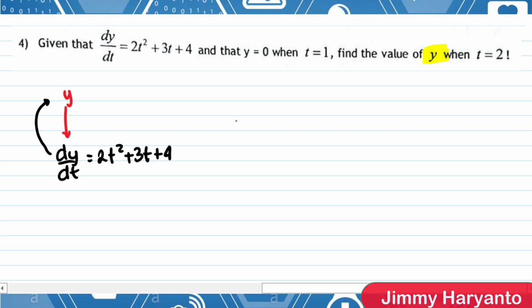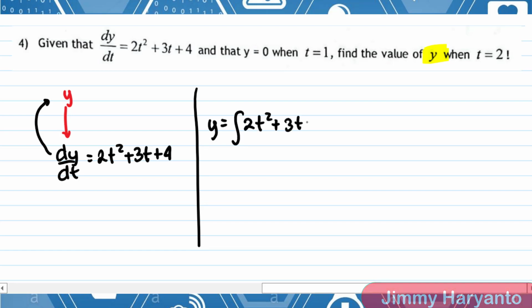When you integrate it, you can get the y. Y equals to the integration of 2t squared plus 3t and then plus 4. And because the variable is not x anymore, it's t, that means the dx should be changed into dt, because the function is in terms of t.